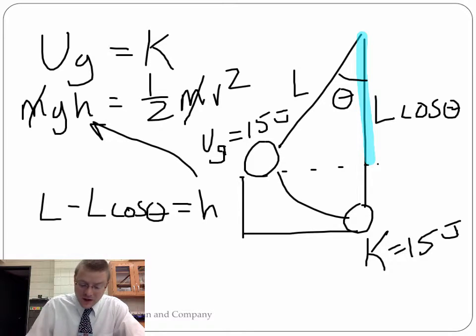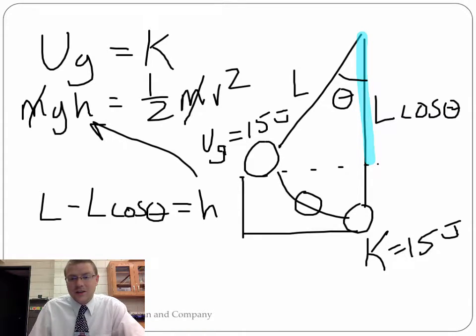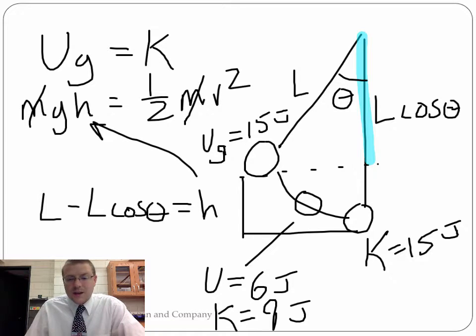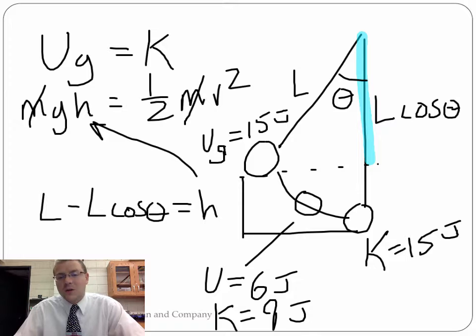If I picked a location anywhere in between here, I know that the total energy of that point must be 15 joules. So let's say that my gravitational has dropped to 6 joules. That kinetic energy is turned into 9 joules. And from just that conservation of energy, I'll be able to pull out what the speed was or the height was, depending on whatever information you might be given. So that's the trick with pendulums.